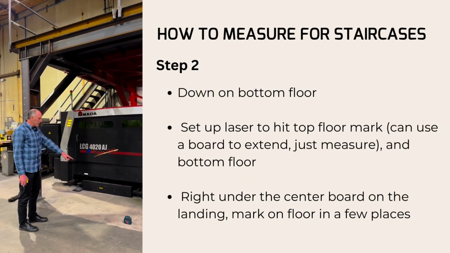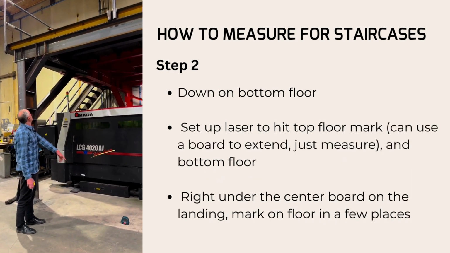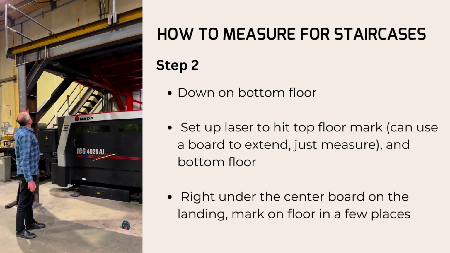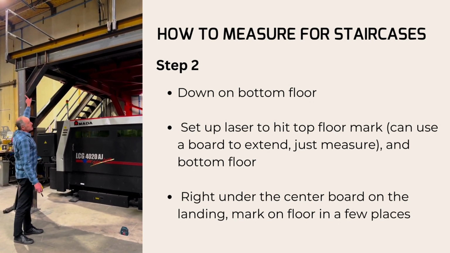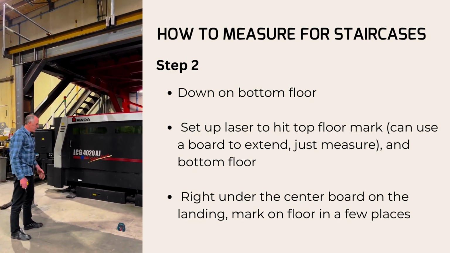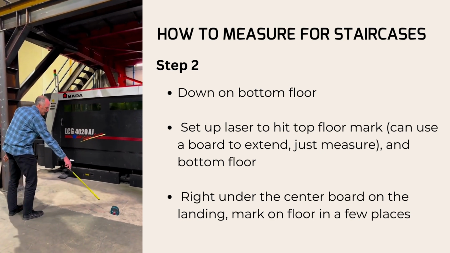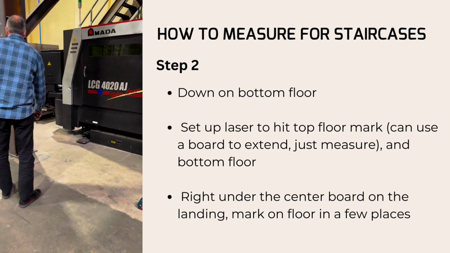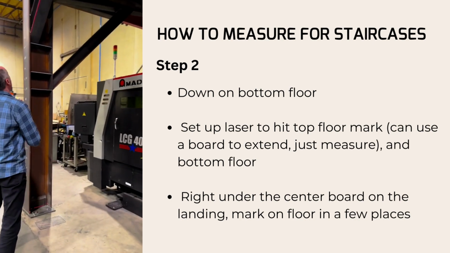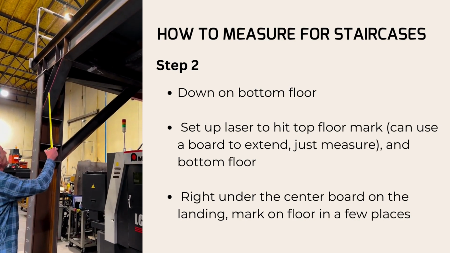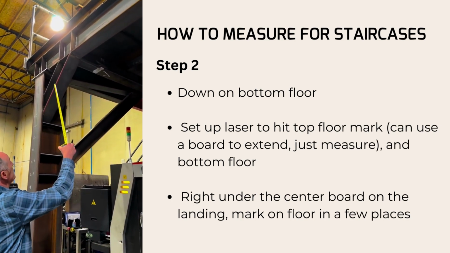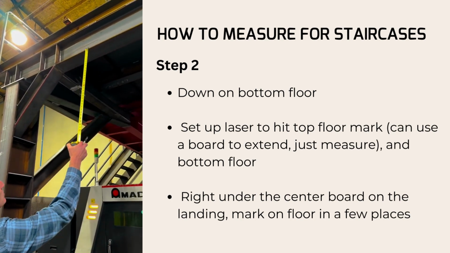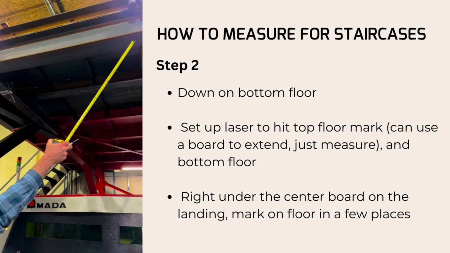Okay, we've got our curtain laser set up to highlight the edge of our platform. So you notice I have the beam of the laser running parallel to the surface of the platform. I've ensured that the edge of my beam is running parallel to this surface.